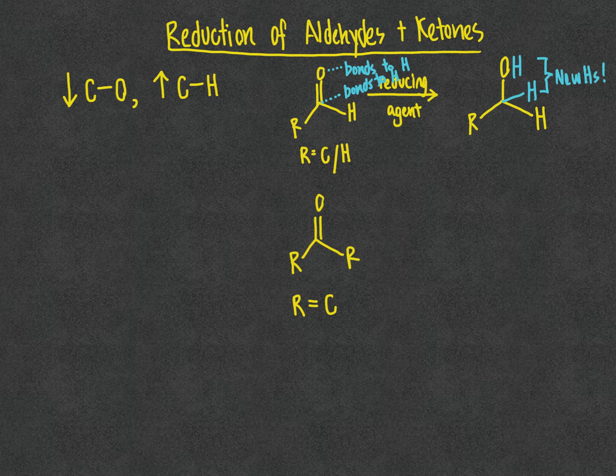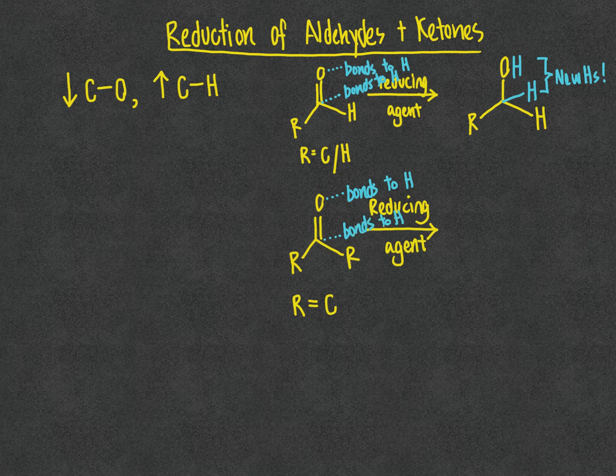If we treat a ketone with a reducing agent, we will analogously see that the carbonyl group is converted into an alcohol group, much like it was up top with our aldehyde starting material. So here in the bottom with our ketone, when we reduce that, the oxygen atom here is going to form a bond to a hydrogen. Likewise, the carbonyl carbon also forms a bond to a hydrogen atom.